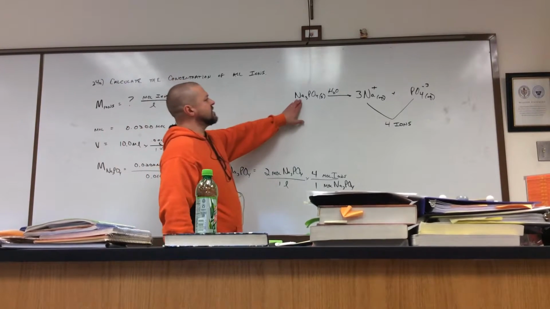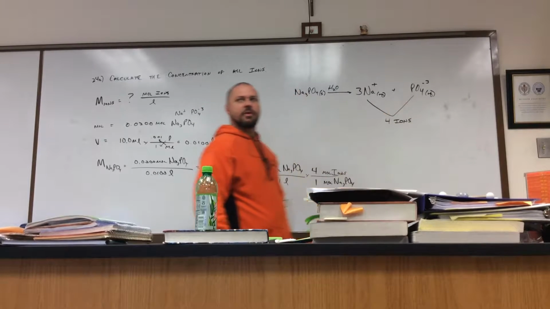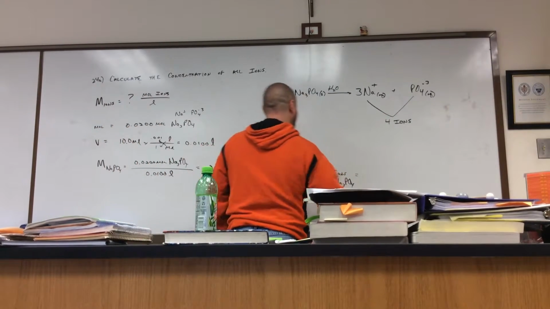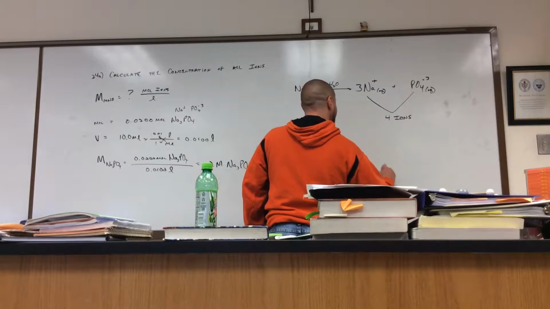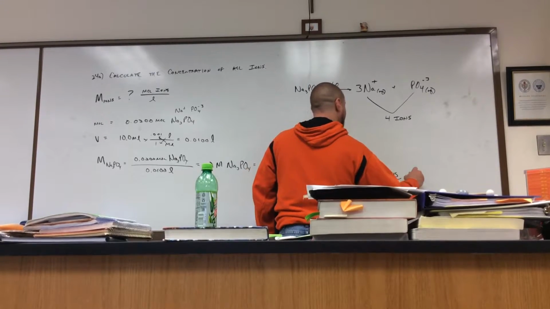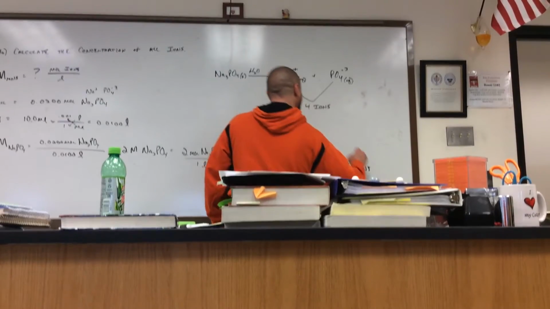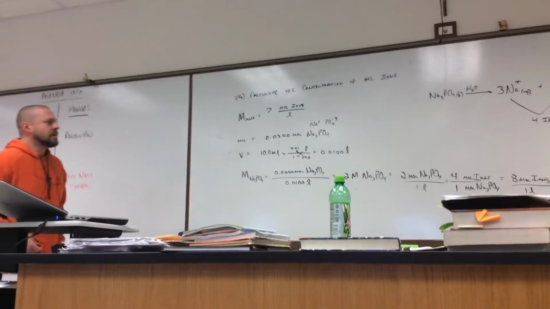For every one of these, I get 3 of these plus 1 of those. So every one I get 4. And so if I multiply that out, what's that going to be? 8 molar, 8 moles of ions per 1 liter, or you could say 8 molar ions. Okay.